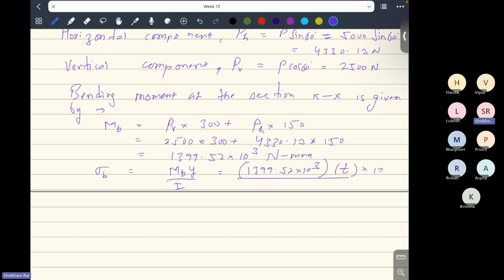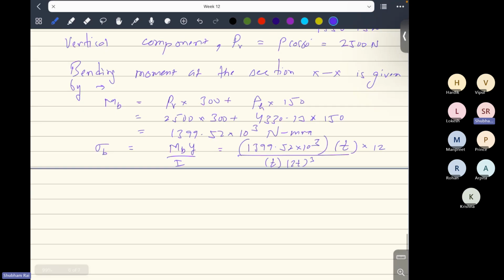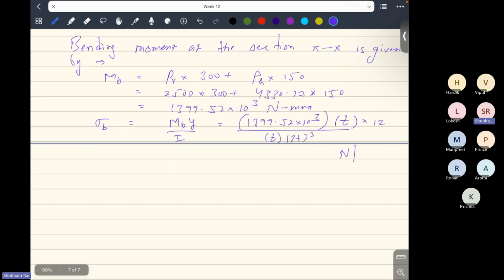So 12 I'm writing here, and b width is t, and height is 2t, so that will be cube of this. And this will be in Newton per mm square, and we are assuming that t is in mm. So 2099.28 into 10 power 3 divided by t cube, that is Newton per mm square.